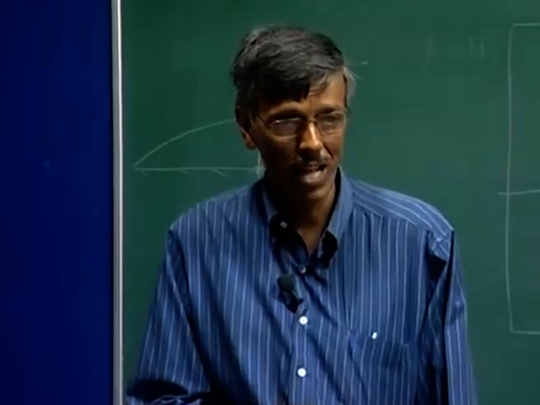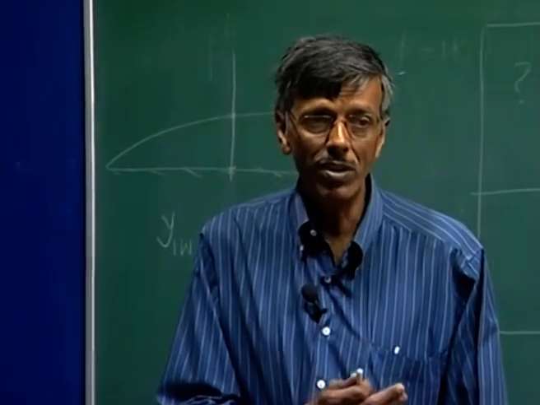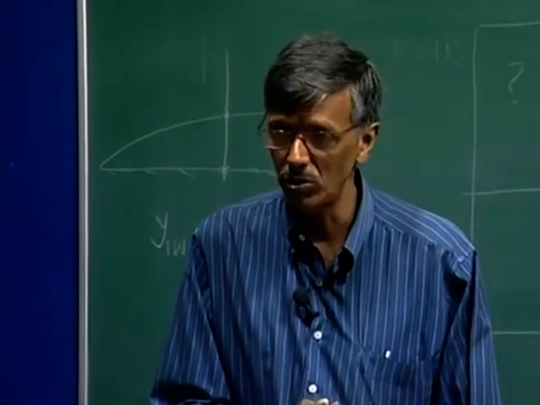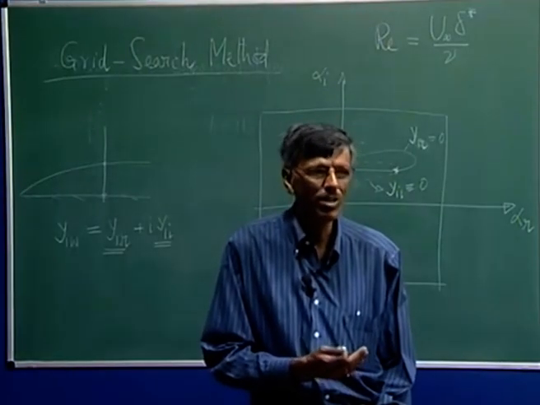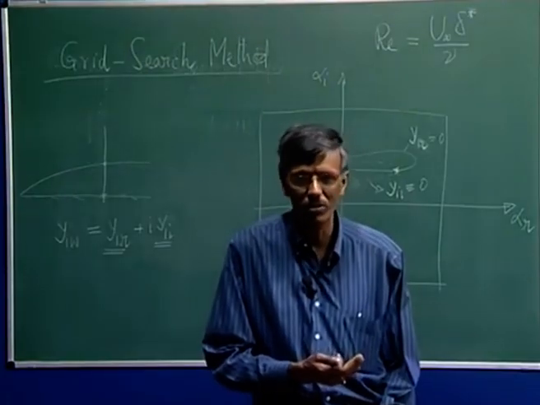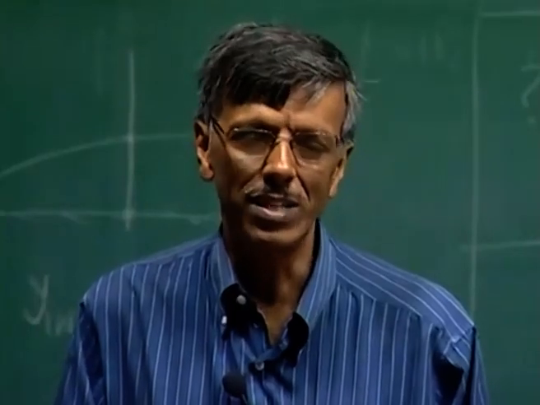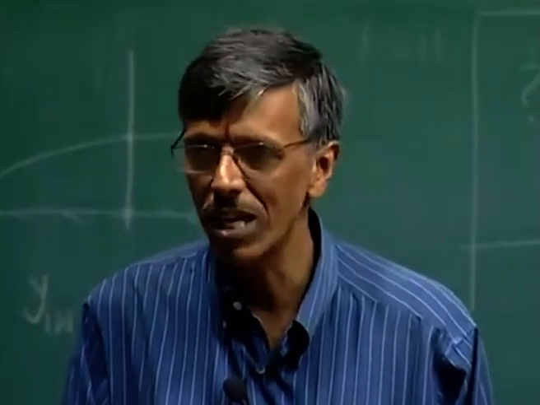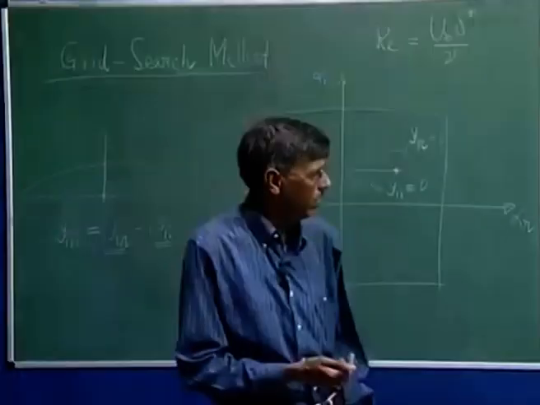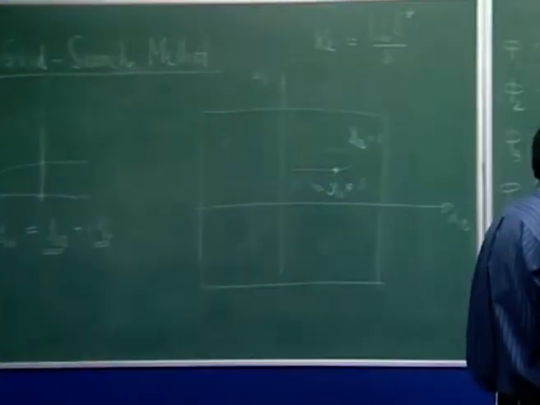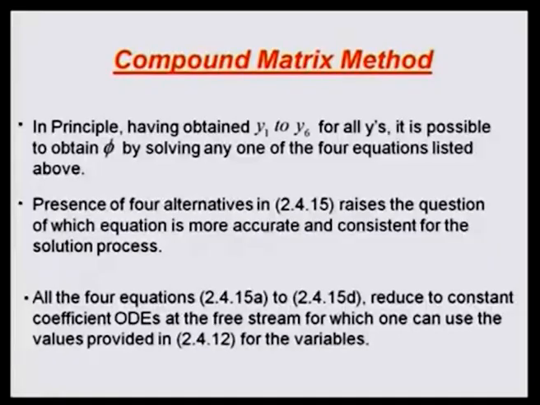So, at least as far as those 4 equations are concerned, we can look at the property of the solution of those 4 equations, because they turn out to be constant coefficient ordinary differential equations. And if they do, then we can obtain the characteristic exponent of the solutions, right. I think we have a bit of it here.